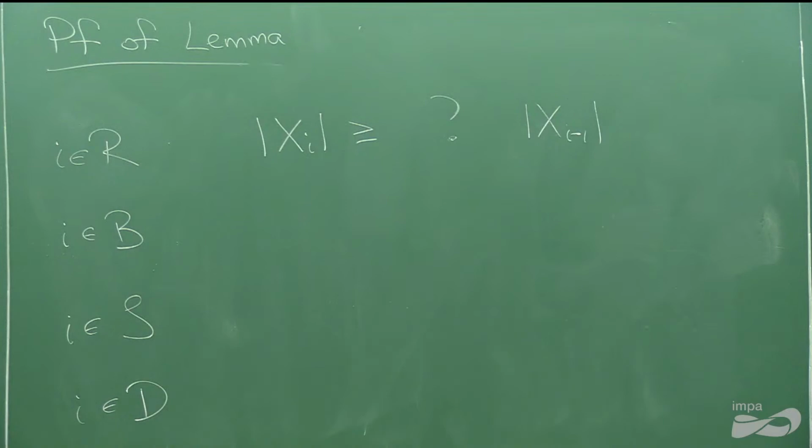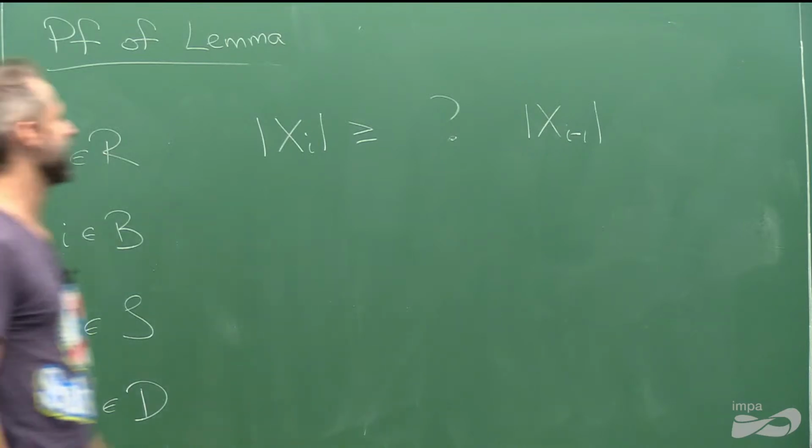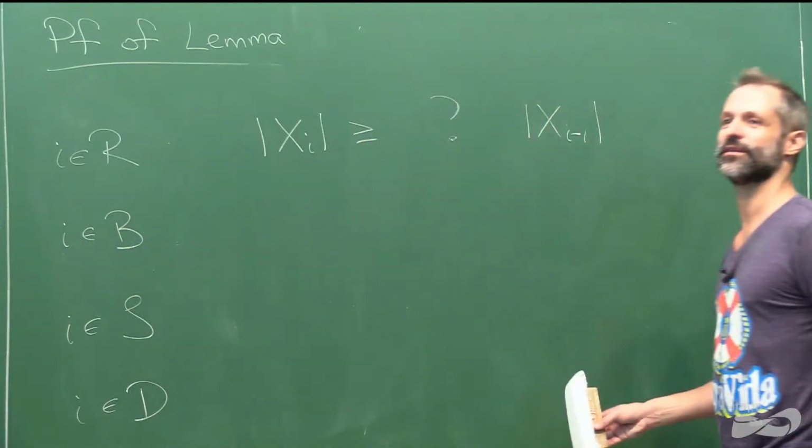If we understand what happens to xi versus xi minus 1, then we're going to be in good shape. So if i is a red step, what can we say about xi versus xi minus 1?